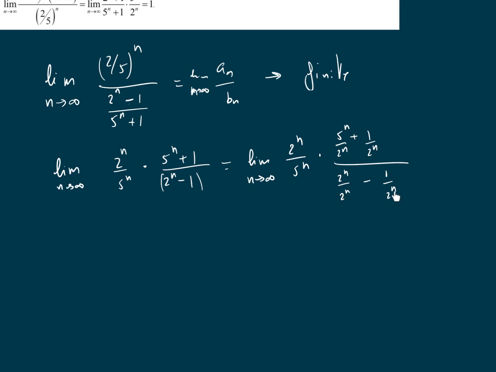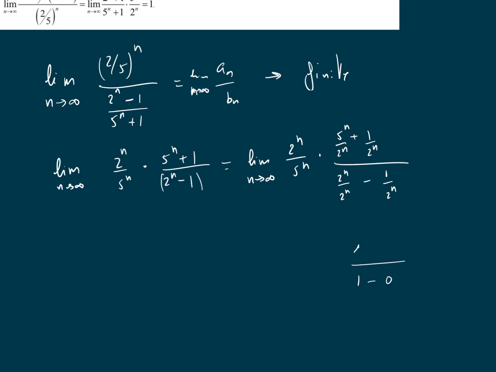When n goes to infinity, 2^n goes to infinity, and 1 divided by infinity goes to 0. So this will be 1 minus 0. The 5^n divided by 2^n multiplied by 2^n divided by 5^n will be 1.